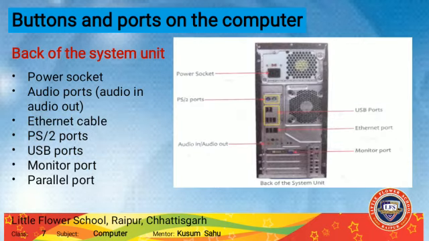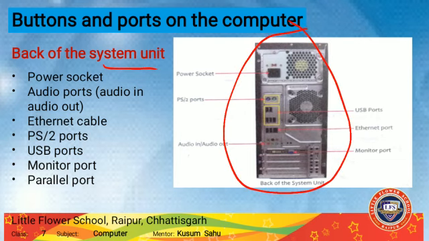Now come to the next, back of the system unit, means back portion of the CPU box. Here first we have power socket. Here we connect our power cable through which electricity comes. Next, audio ports, that is audio in and audio out.